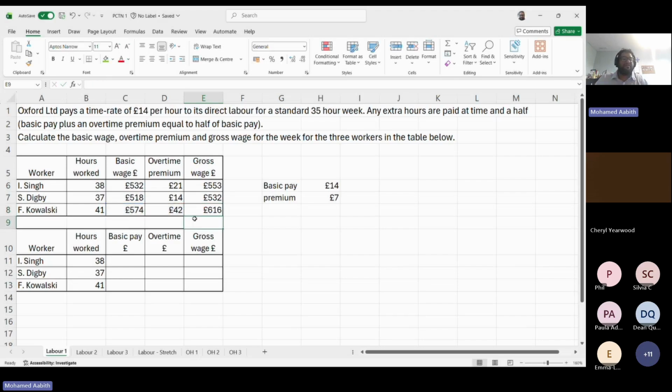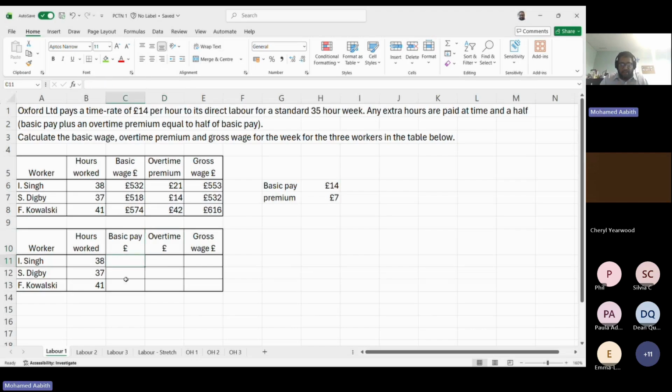Now, what if your question is set this way? They give you basic pay and your overtime. This time, look at how it is done on your own payslip. How do you get your payslip? The payslip will show you your basic pay. Your basic pay is your contracted hours.